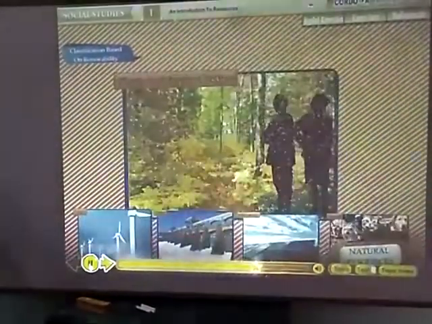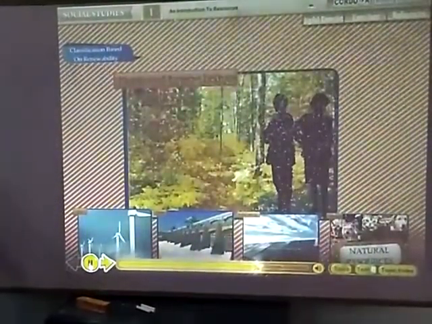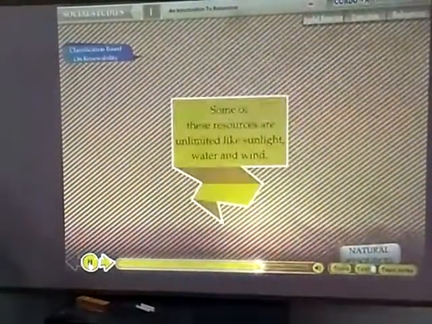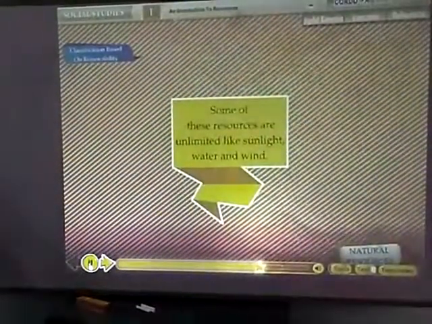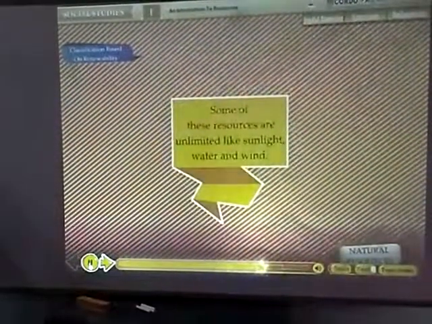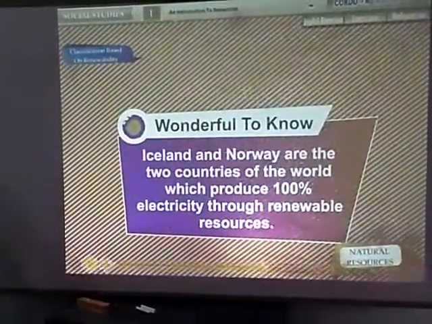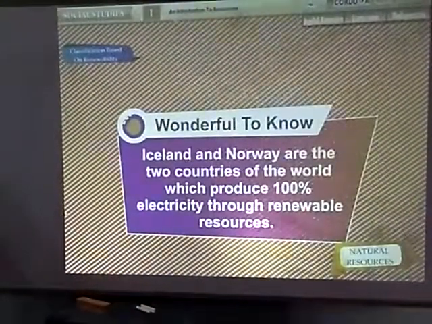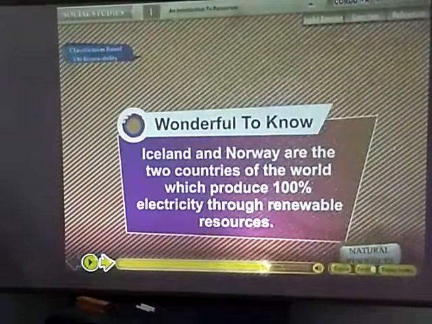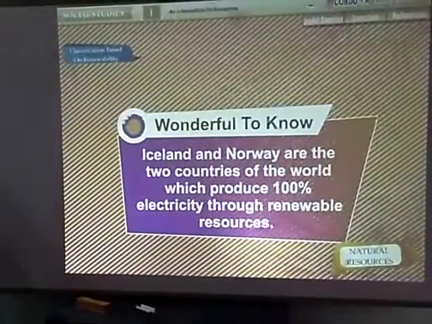Animals, plants and human beings are the best examples of such resources. Some of these resources are unlimited, like sunlight, water and wind. Iceland and Norway are two countries of the world which use 100% electricity through renewable resources.